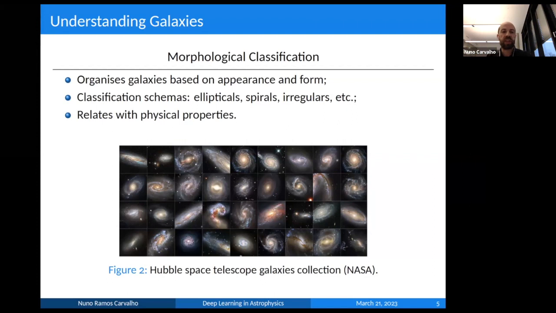All this gives us information about the contents of the galaxy and how it evolves. And this relates to actual physical properties. Here we have an illustration, a very beautiful image taken by the Hubble telescope. And we can see there's a huge variety of galaxies just by visual inspection.